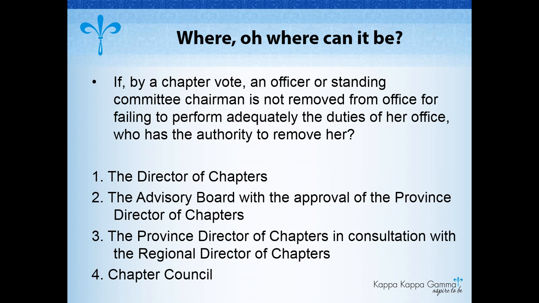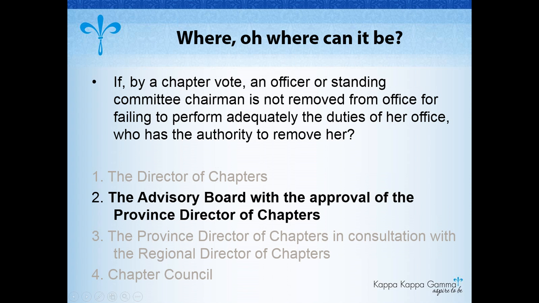So I just closed it. 13% say the director of chapters, 40% say the advisory board with the approval of the PDC, 27% say the PDC in consultation with the RDC, and 20% say chapter council.